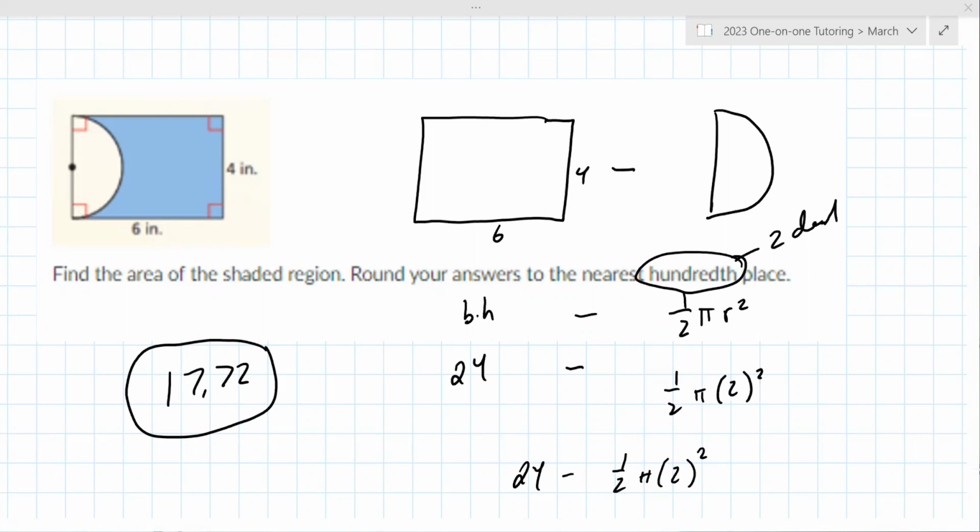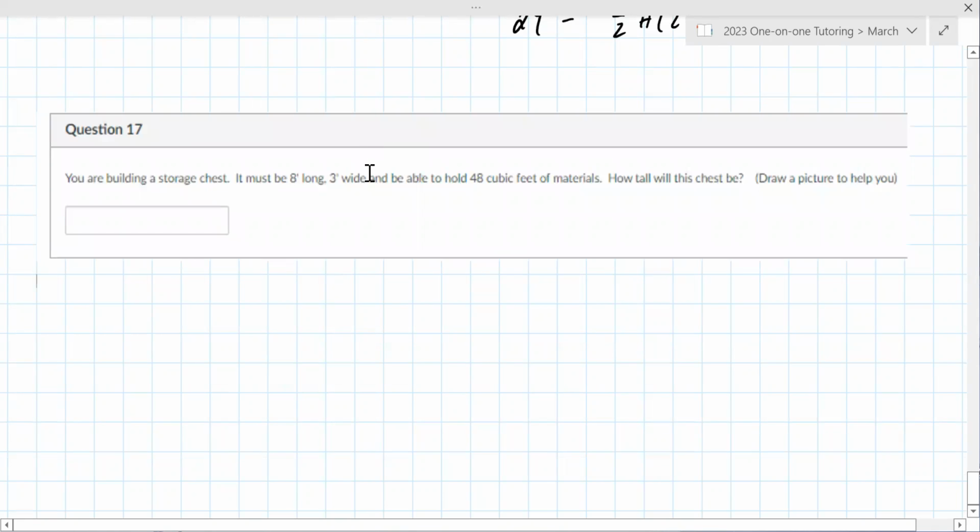All right, grabbing the next question. You are building a storage chest. It must be 8 feet long and 3 feet wide to be able to hold 48 cubic feet of material. How tall will the chest be? You could draw a picture, but notice they're giving you 2 of the 3 measurements.